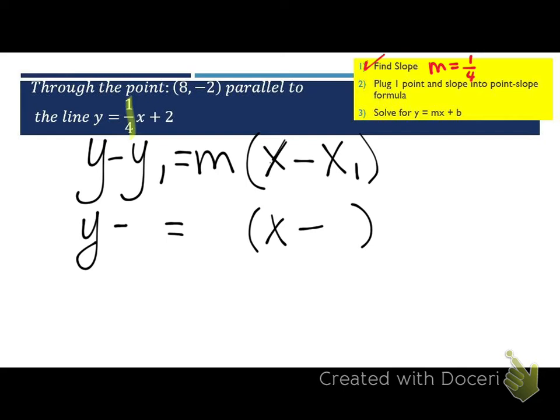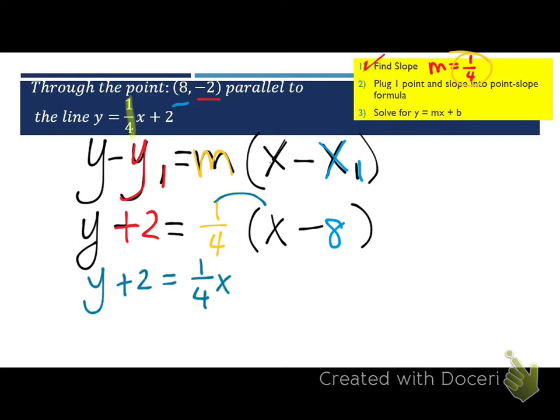So my y coordinate is -2, which will turn positive when I plug it in. My slope was 1/4. And then my x is 8. Y plus 2 equals 1/4 x.